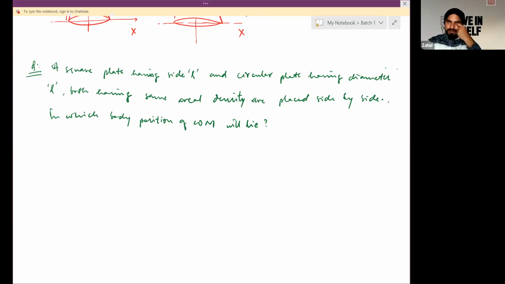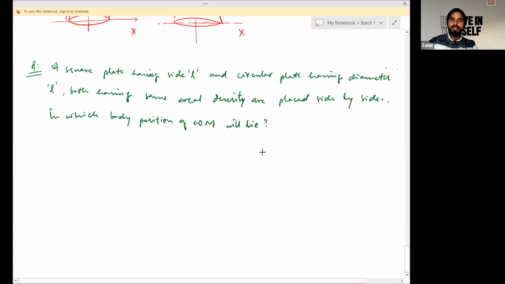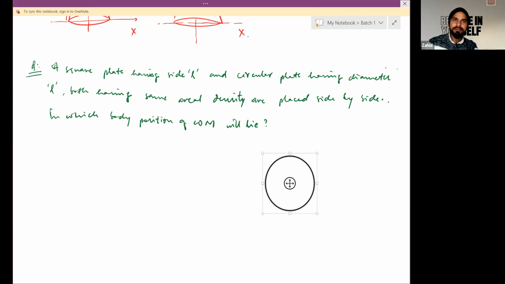Let me define it by diagram. Suppose you have a square and a circular plate like this.